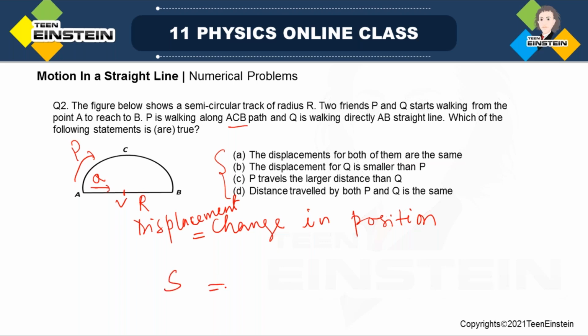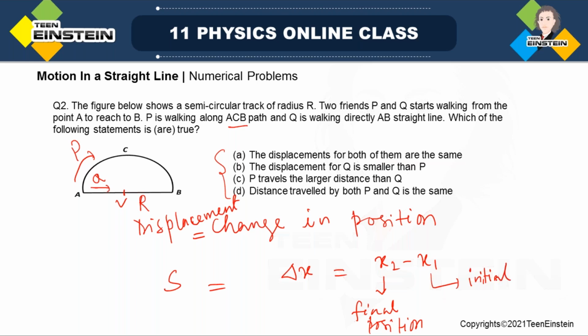So if I write in terms of mathematics, suppose displacement is delta x, that means x2 minus x1. If this is one dimensional motion, then it has only one coordinate. So in fact, what is this x2 and x1? This is final position. And this is initial position.